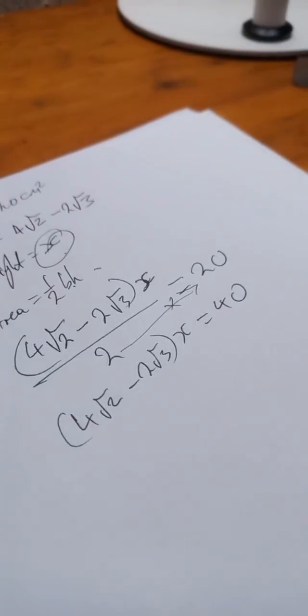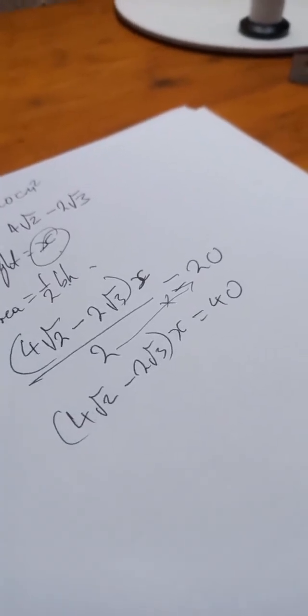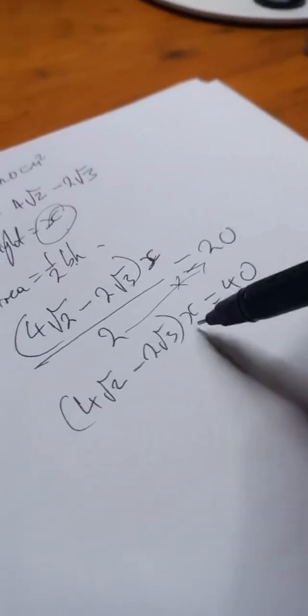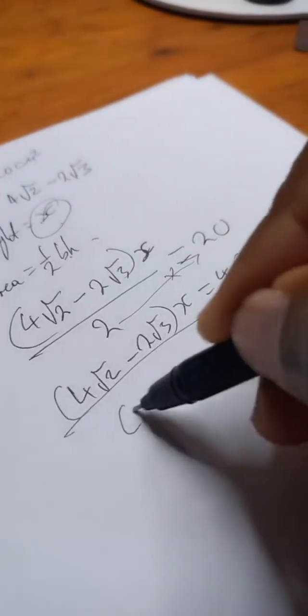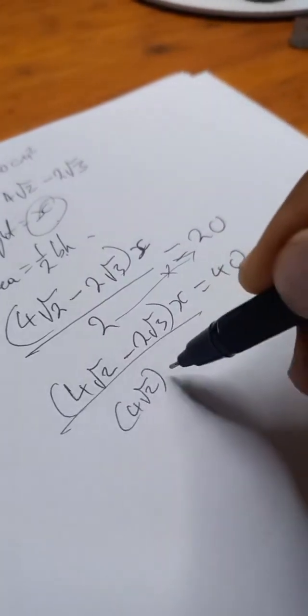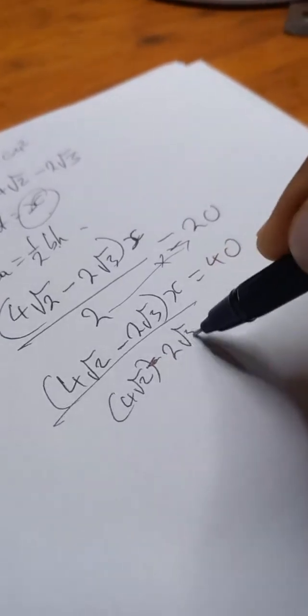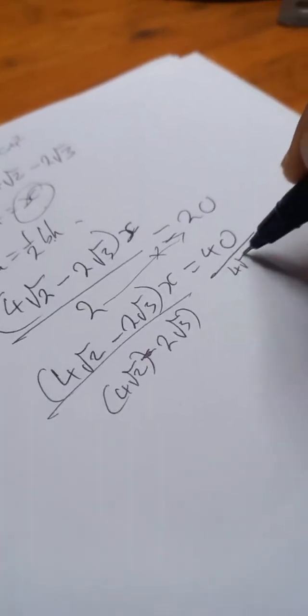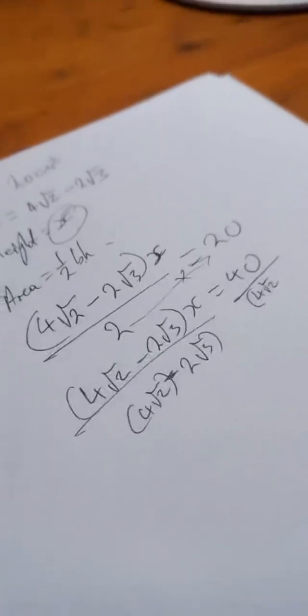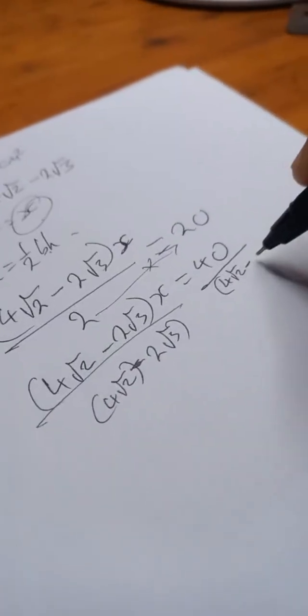From there, what do we do? Divide both sides by 4 square root of 2 minus 2 square root of 3.